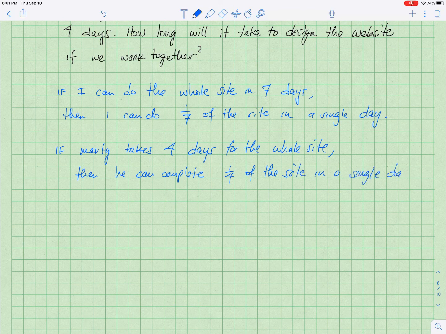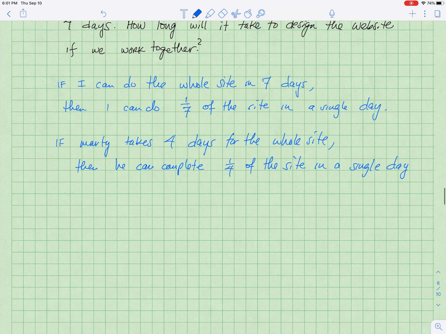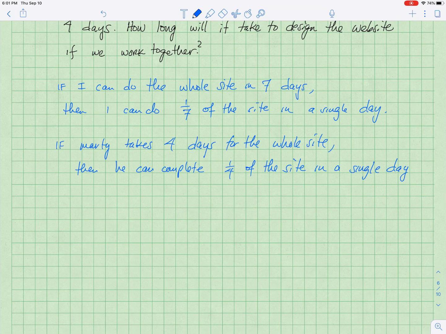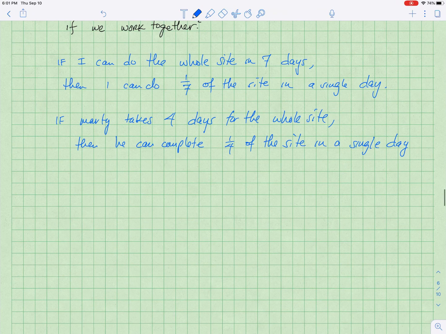Now, the reason that that's important for us to do is because if I know how much I can do in 1 day, and I know how much Marty can do in 1 day, then if I just add those two together, I know how much we can both do in a single day. So I would have something like 1/7 plus 1/4.